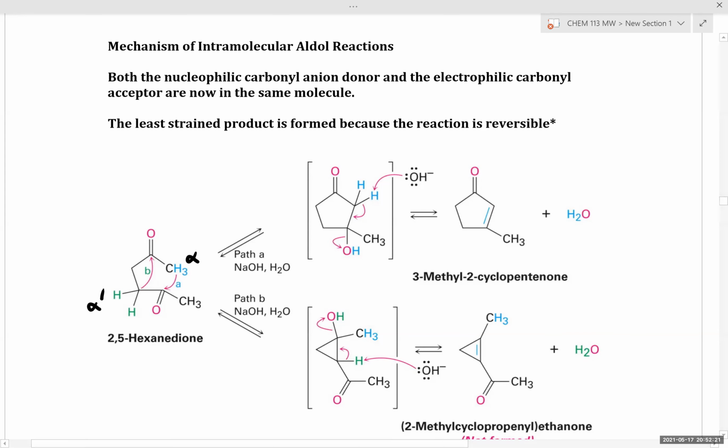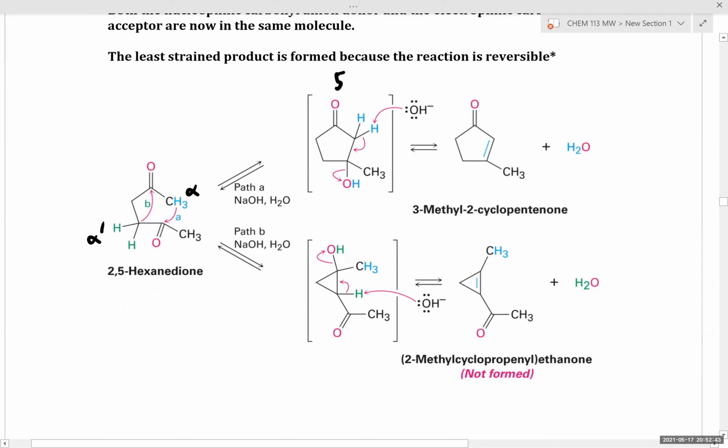Only one of these reaction pathways is actually productive. So for example, if we pull off this alpha proton and we generate the aldol product, we have a 5-membered ring. If we pull off the alpha prime proton, our proton B, and we try to make our aldol reaction happen, we see that we get a 3-membered ring product.